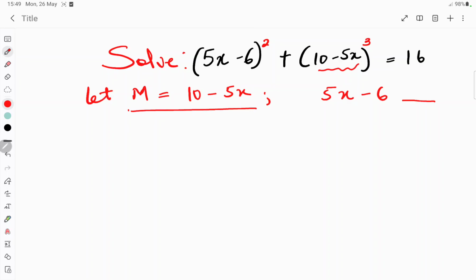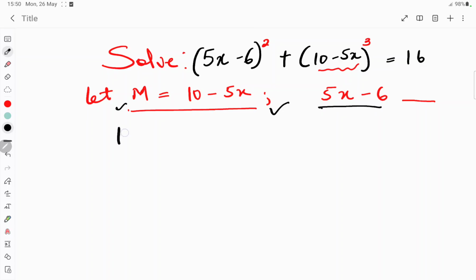So from that point, we've chosen m to be this. In terms of m, let's try to write 5x - 6.